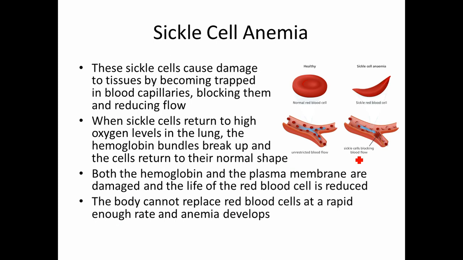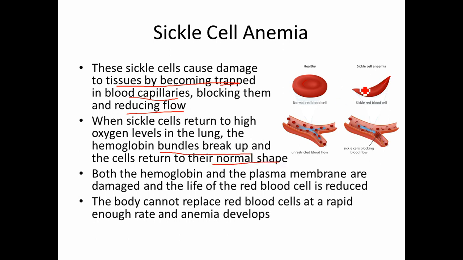With sickle cell anemia, these sickle cells cause damage to tissues by becoming trapped in the capillaries, blocking them and reducing flow. When sickle cells return to high oxygen levels in the lung, the hemoglobin bundles break up and the cells return to their normal shape.